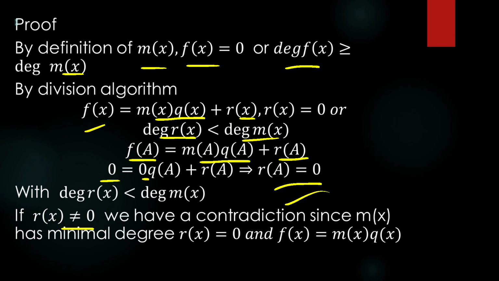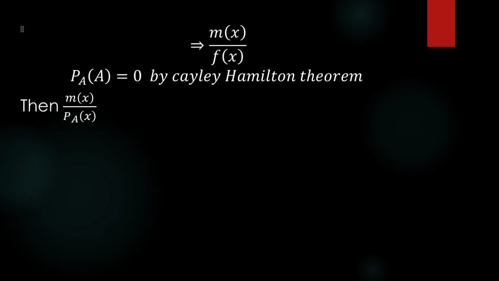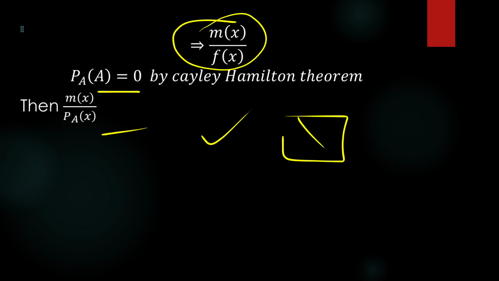Remember, m(x) is a polynomial and the degree of r(x) is 0, and f(x) equals m(x)q(x), which will mean that it will be able to divide because there is no remainder, and this is by benefit of Cayley-Hamilton's theorem. So that is the end of that proof.